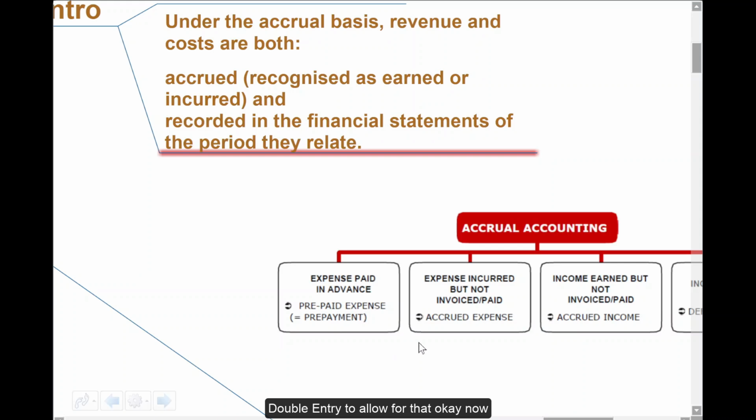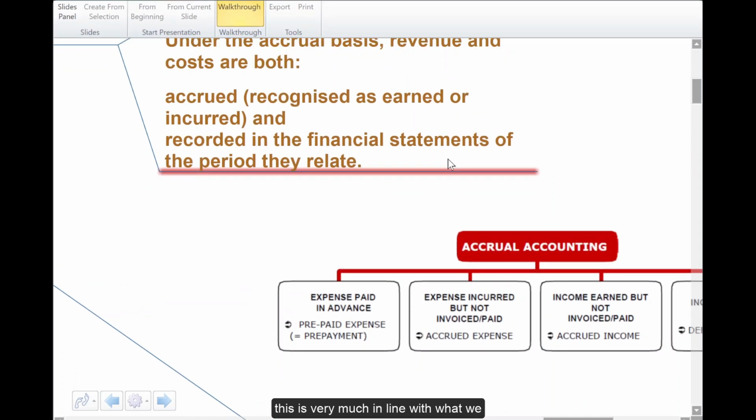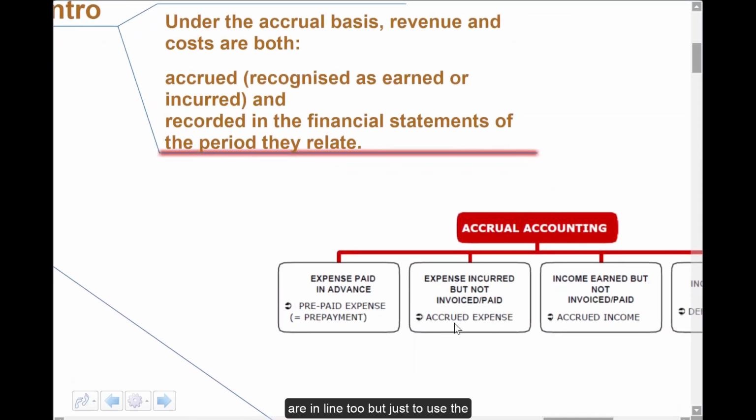Now what about the next one here? Expense incurred but not invoiced or paid. This is very much in line with what we said up top, but just to use the terminology we had been using in the intro. Well, we need to accrue for this expense, because we haven't paid it.